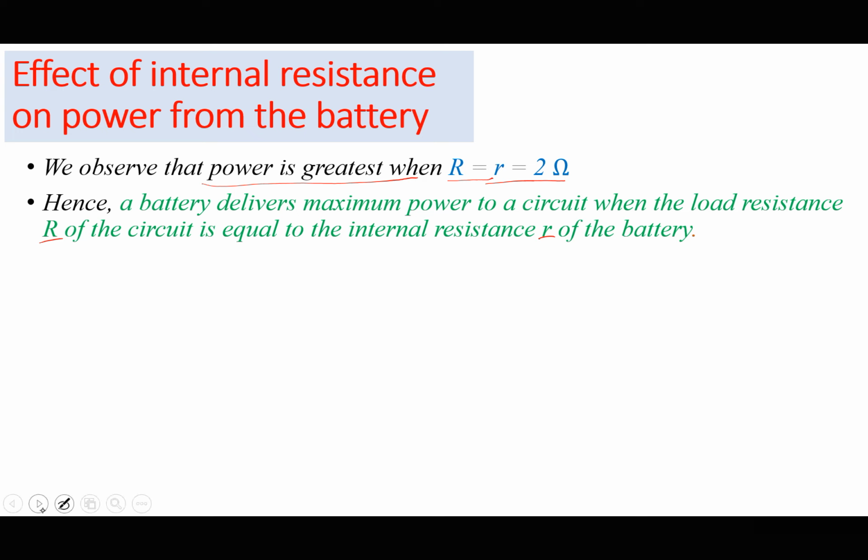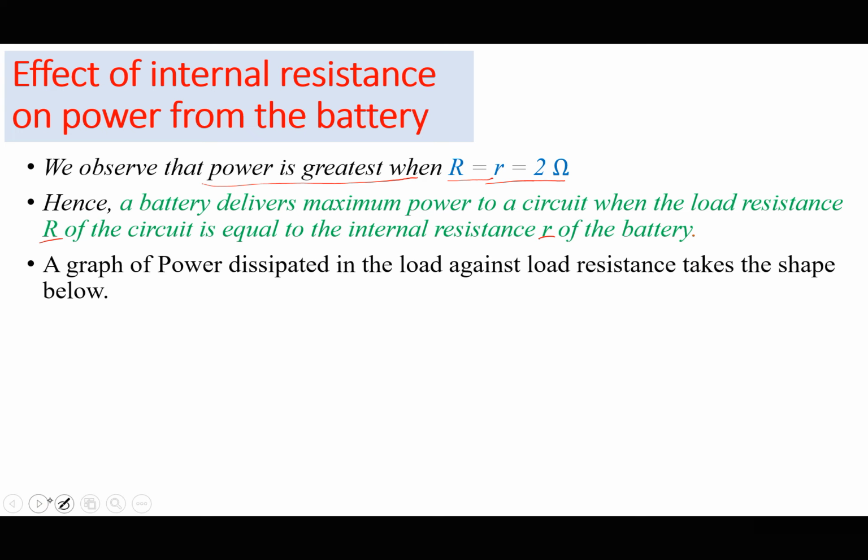So we can even sketch a graph. Of course, the variation may not be linear. If you try to calculate, the variation may not be linear, but we know that it is maximum. The graph of power against the load resistance is going to be maximum when load resistance equals the internal resistance.